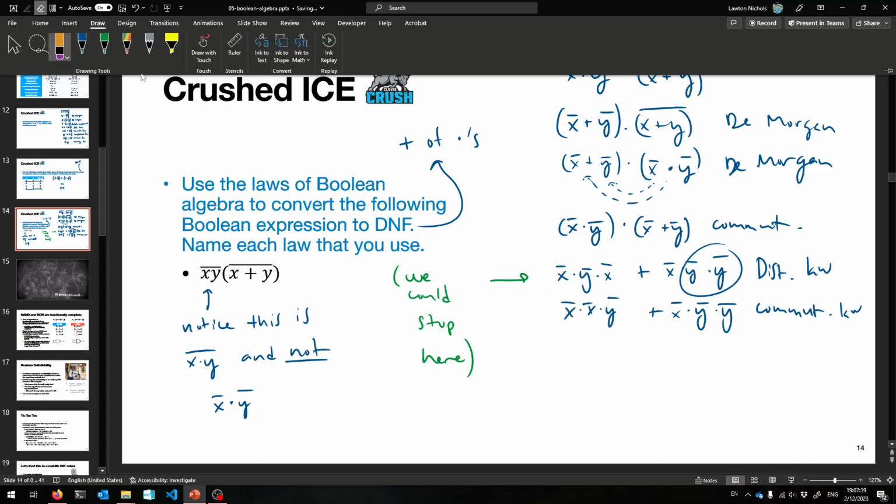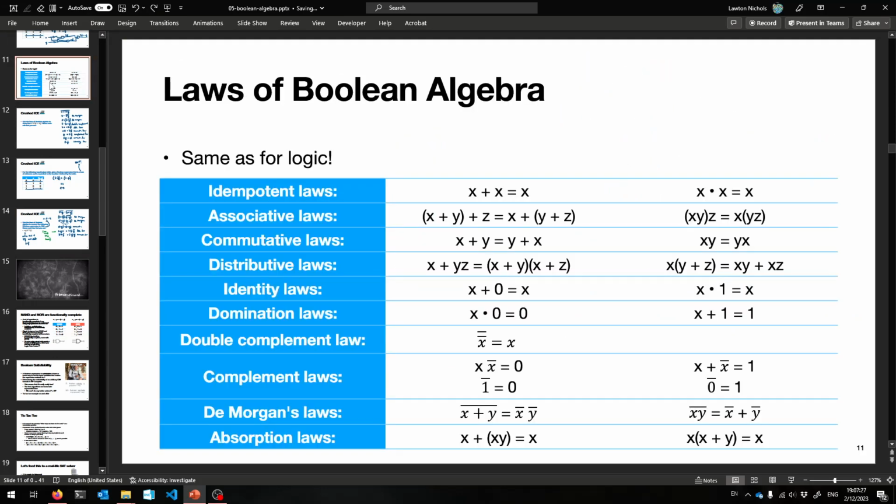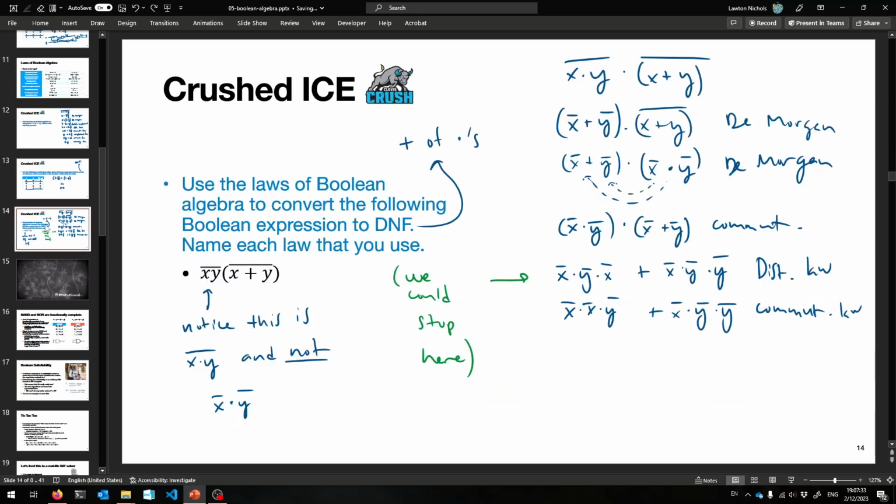Now we can use the laws that let us get rid of duplicates, and those are the idempotent laws. So could have just said x once. Don't do it twice. Unnecessary. So this will just give me x bar once, ANDed with y bar, plus x bar once, ANDed with a single y bar, with, this is an idempotent law.